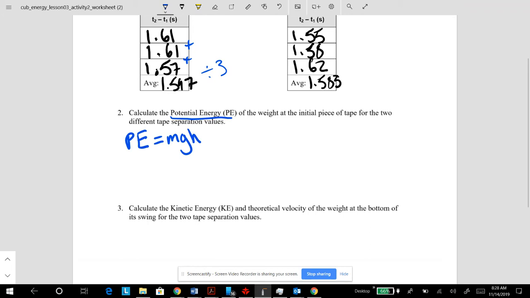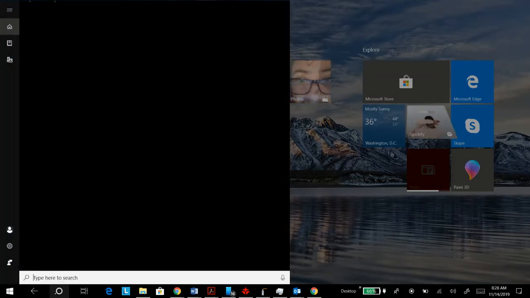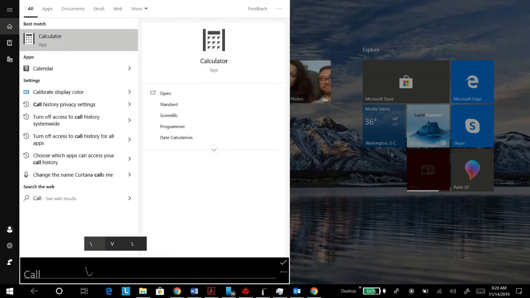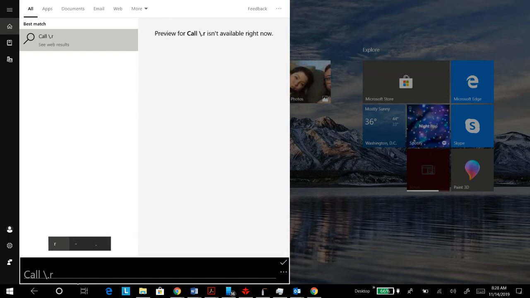Okay. Should I use the calculator on the screen? Would that be more helpful for you guys so you can see as I plug in? Yeah? Calculator. How do I plug it in? I should probably edit all of this out, shouldn't I?